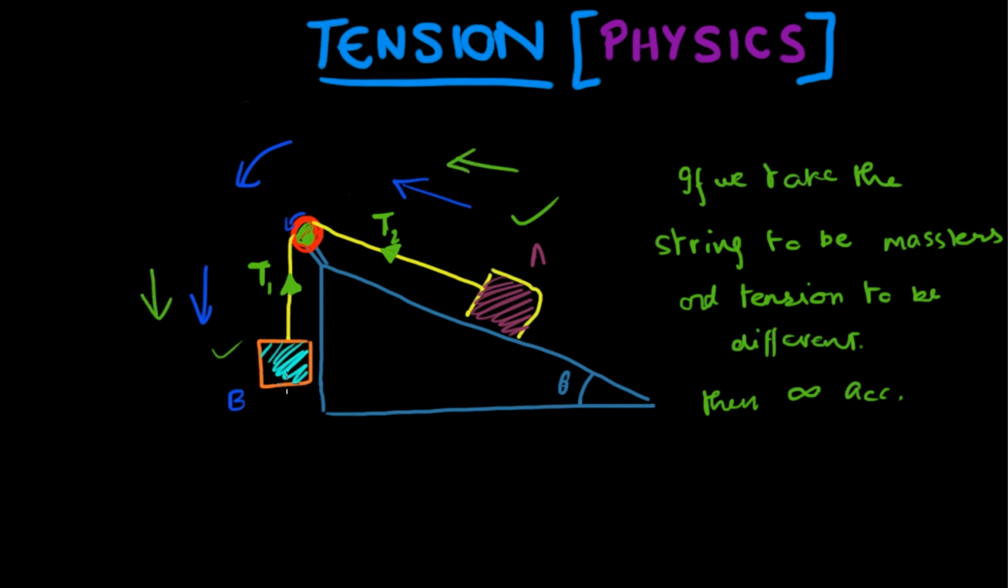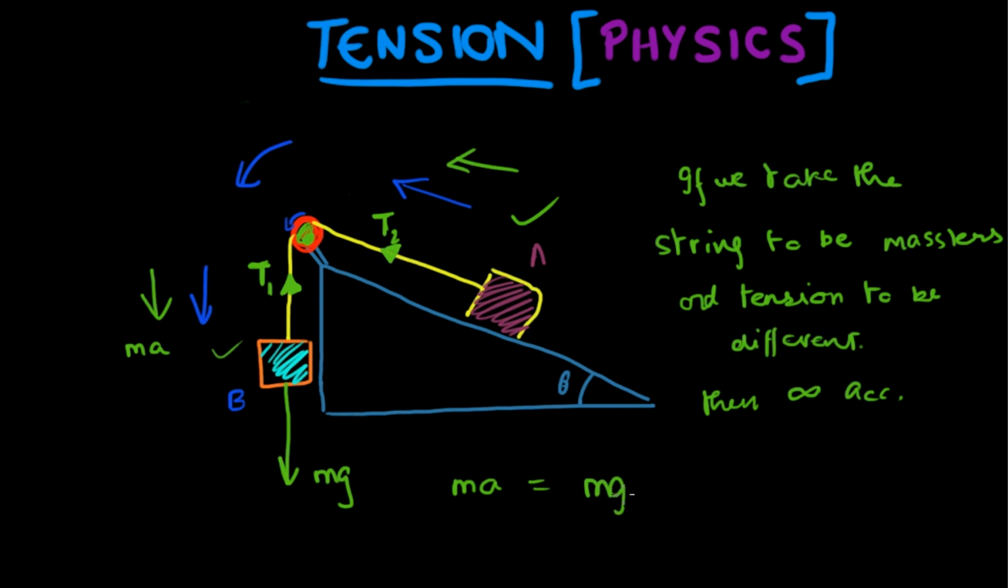So if this is mg, there'll be a tension to nullify the force, but this is already accelerating as ma. By Newton's second law, ma, the force acting downwards, would be greater by this mg, which is counteracted by this T1.